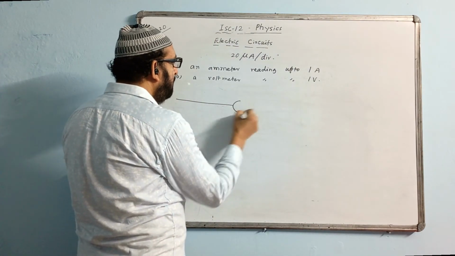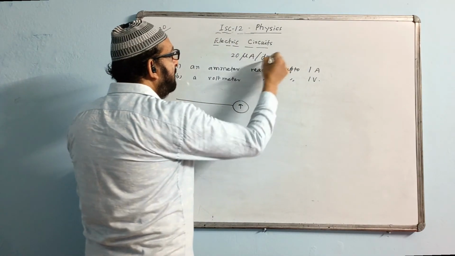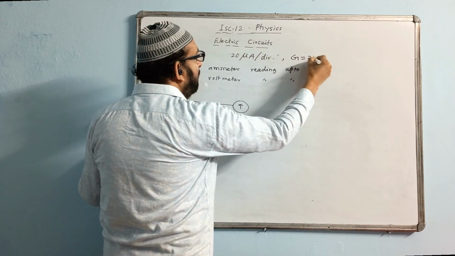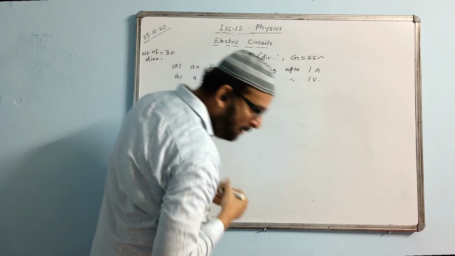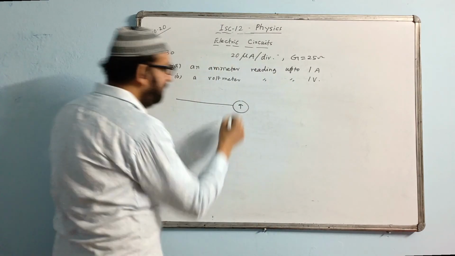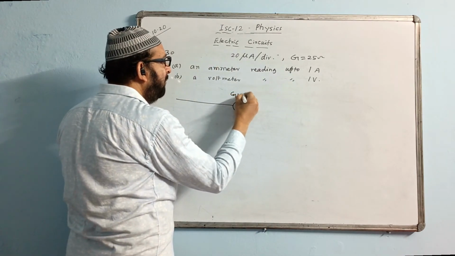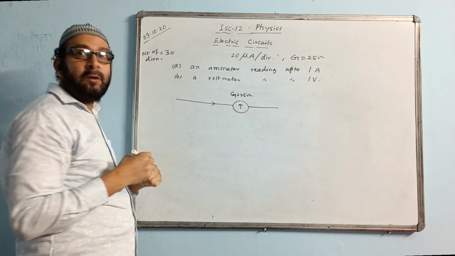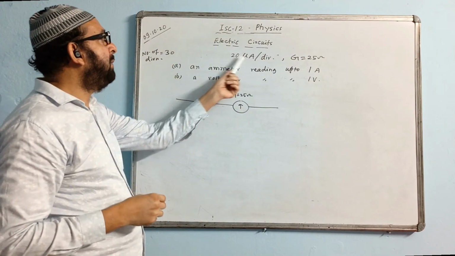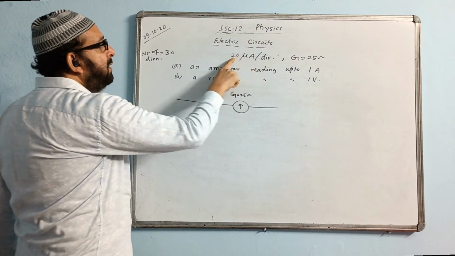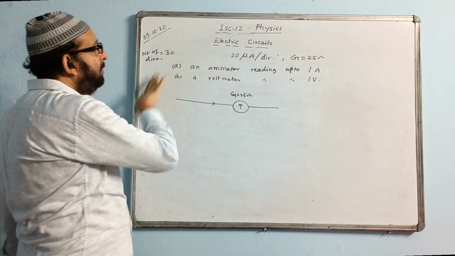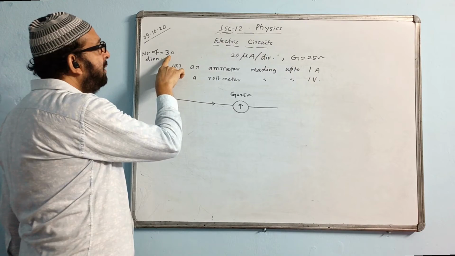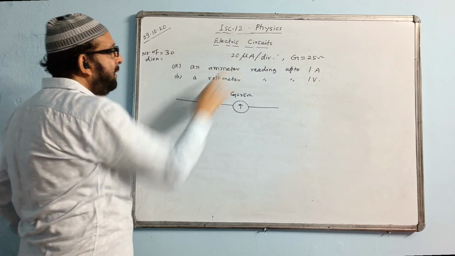We have a galvanometer of resistance G, which is given as 25 ohm, so you can add 25 ohm on top. Let us check the sensitivity: one division current is 20 microampere, and there are a total of 30 divisions, so the current will be 30 into 20.